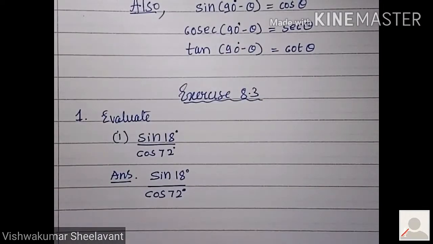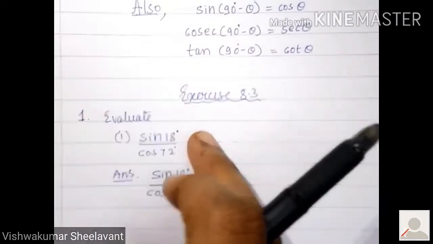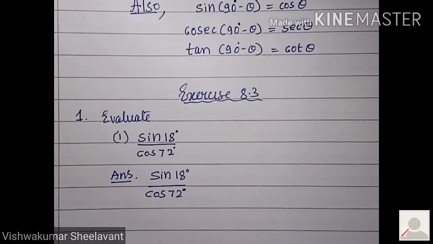There we have only 0 degree, 30 degree, 45 degree, 60 degree and 90 degree. But 18 and 72 are not there. If that is the case, then you apply complementary angle relationships. This is what you have to remember.